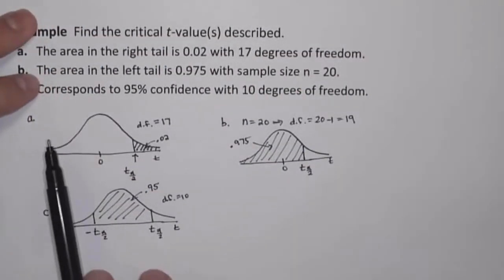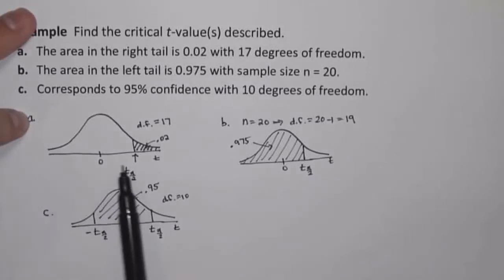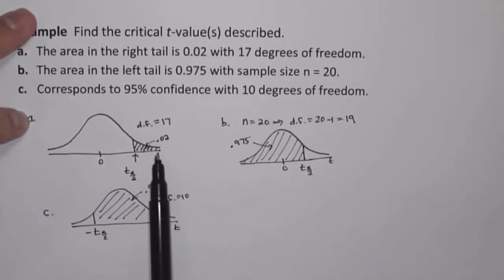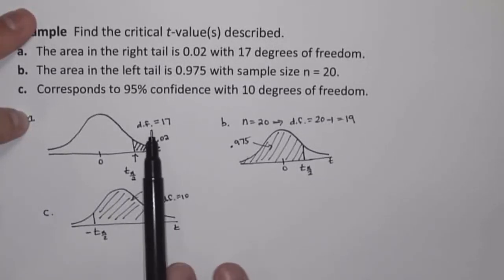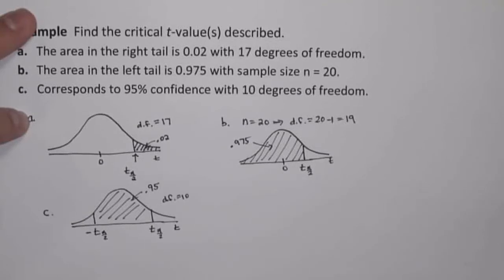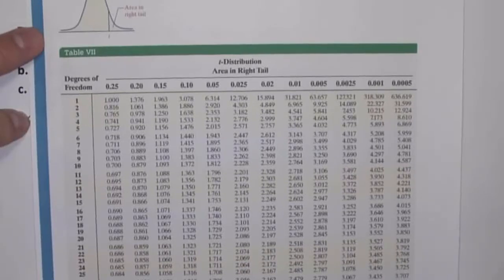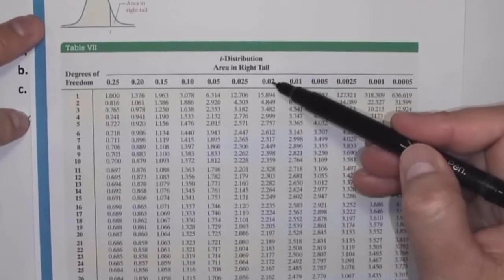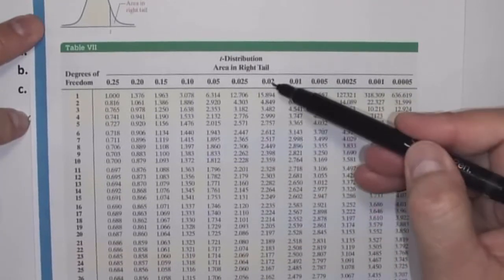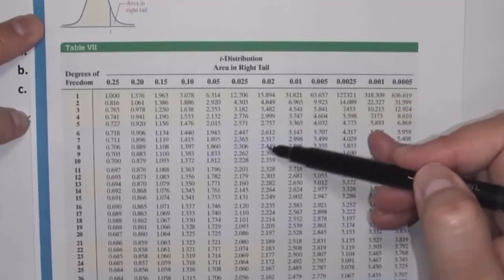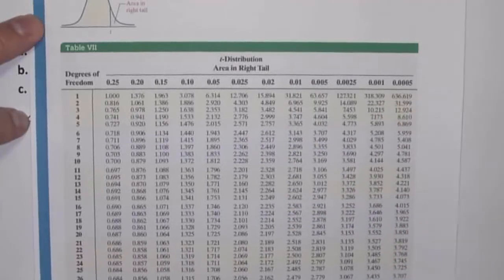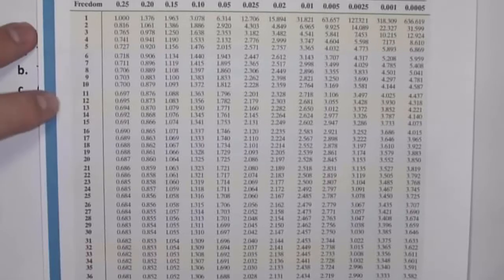Okay, so take a look back here at Part A. In Part A, we knew that the area in the right tail is 0.02, and we knew we had 17 degrees of freedom. So if I'm going to use this table, I'm going to come to the column where the area in the right tail is 0.02. So that is this column here. And again, we have 17 degrees of freedom.